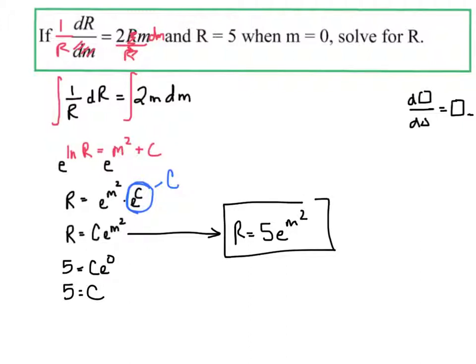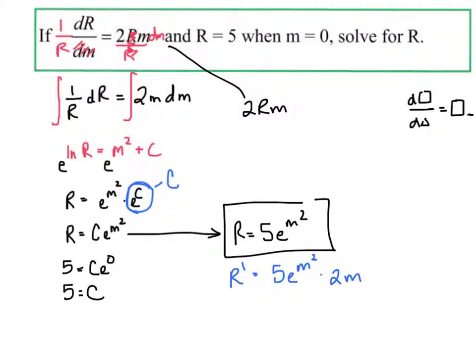And that's it. Now, one thing I just wanted to point out here, because I think it's kind of interesting to look at, is that if I found the derivative of r, the derivative of 5e to the m squared is 5e to the m squared multiplied by 2m because of chain rule. And if you go back up here to this original differential equation, it was 2rm.